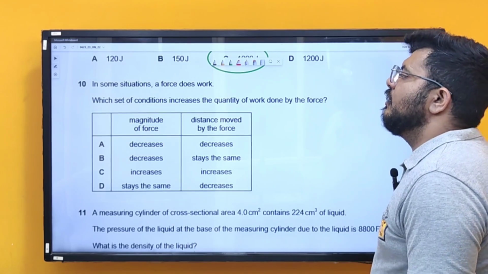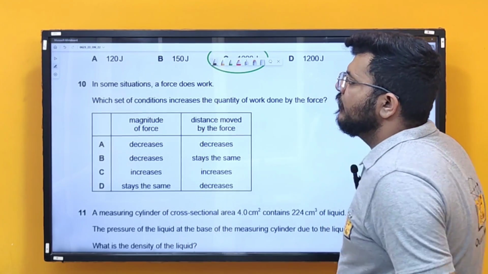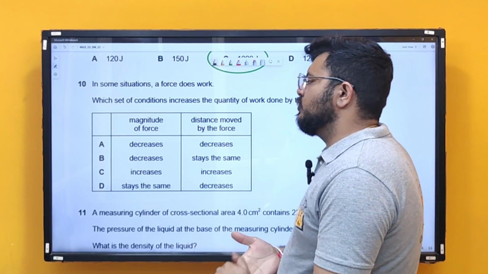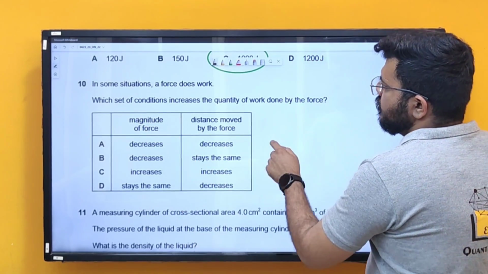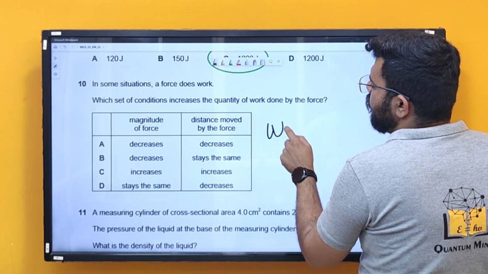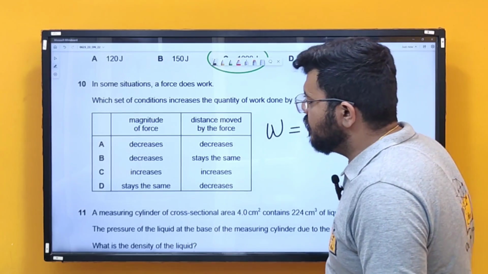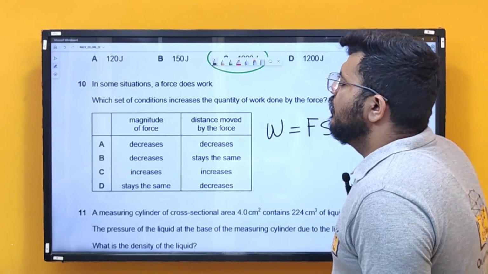In some situations, a force does work. Which set of conditions increases the quantity of work done by the force? Magnitude of force. So they're asking about forces doing work. Not all do. If force and displacement are perpendicular to each other, work is not done.